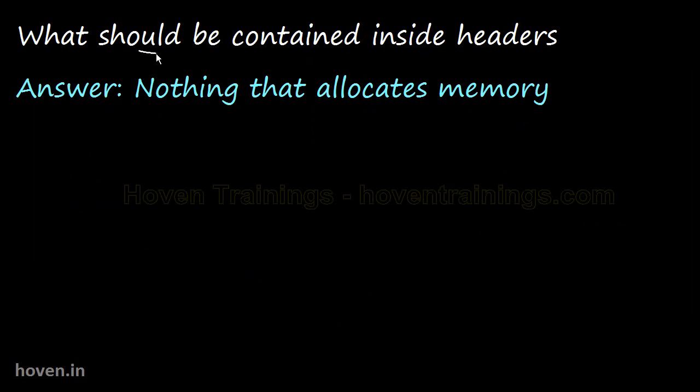What should be contained inside headers? The answer is a header file should not contain anything that will allocate memory. The function declarations do not cause memory allocation. The class and struct definitions also do not cause memory allocation.